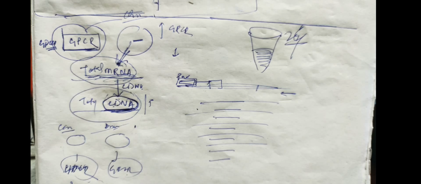Then real-time PCR to know the up and down regulation of different protein samples. For example, if you consider a GPCR, G protein coupled receptor, as your protein, you want to see whether, in the presence of a drug, your gene is expressing, that is, whether this protein is upregulated or downregulated.